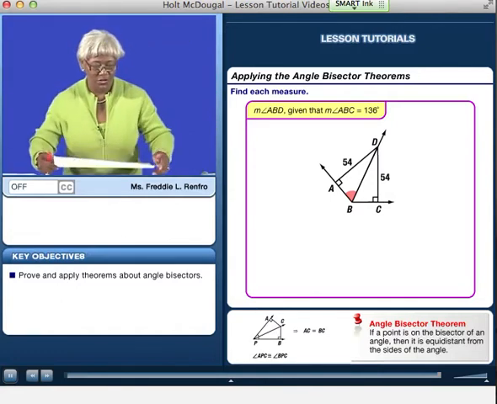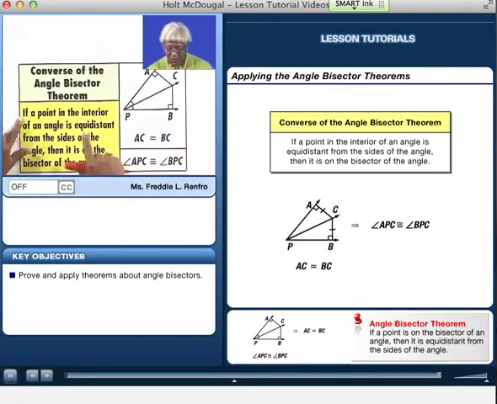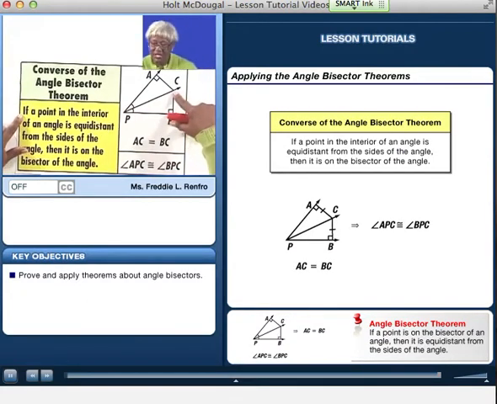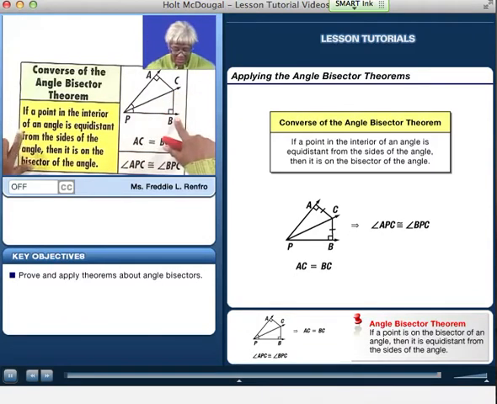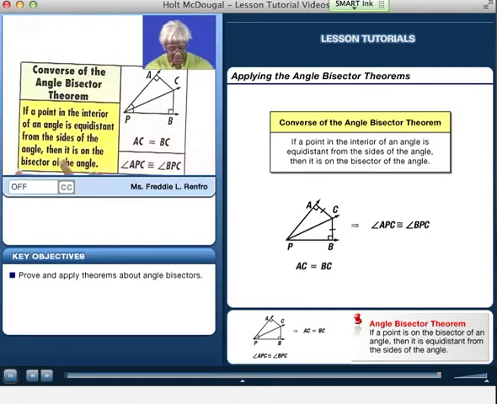There's another theorem that you need to remember. And this theorem says that if you have a point in the interior of an angle and it's equidistant from the sides of the angle, which it is, then it is on the angle bisector, making these two angles equal.